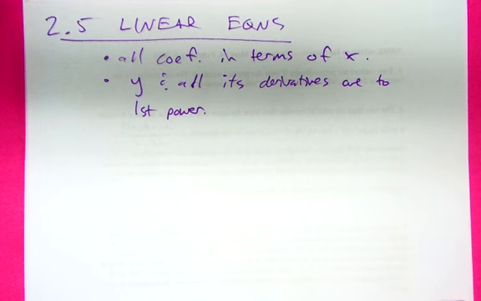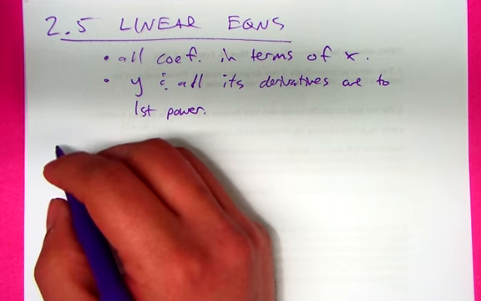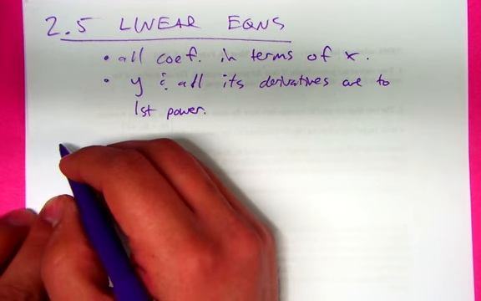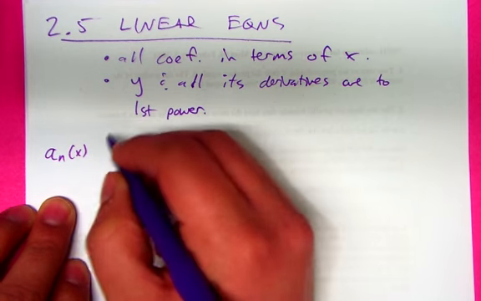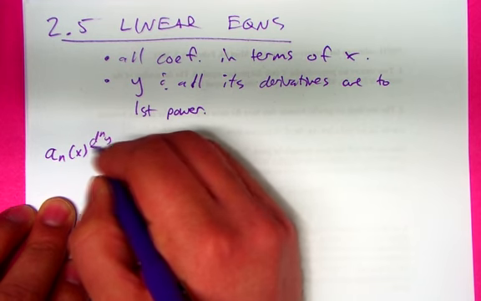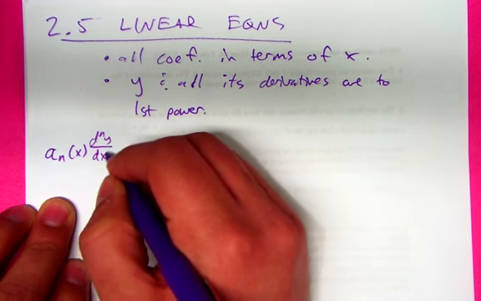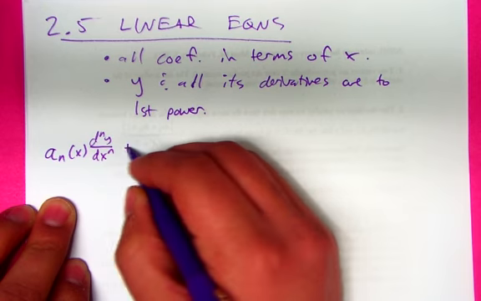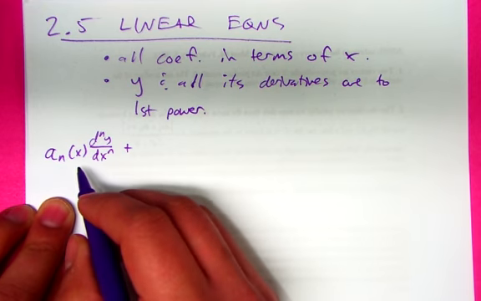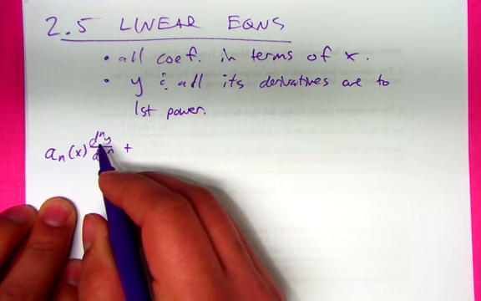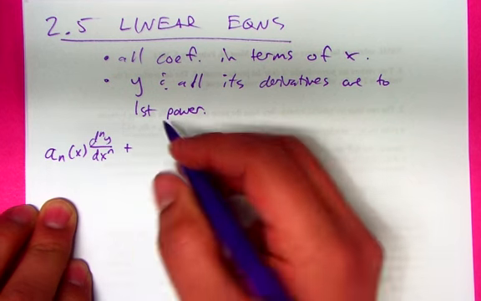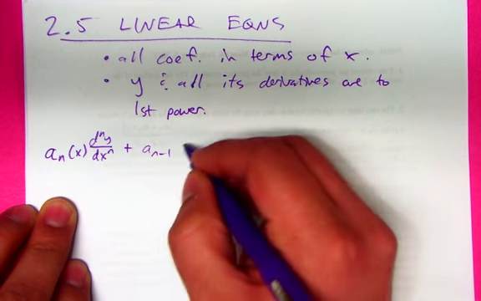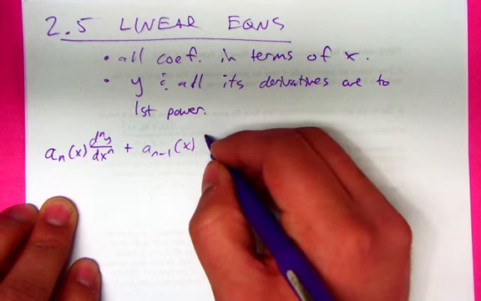Which means that the general equation for a linear differential equation is a coefficient in terms of x times the nth derivative, and then we just use the same subscripts. As we decrease the derivatives by 1, the subscript notation decreases by 1 until we get down to near the end.